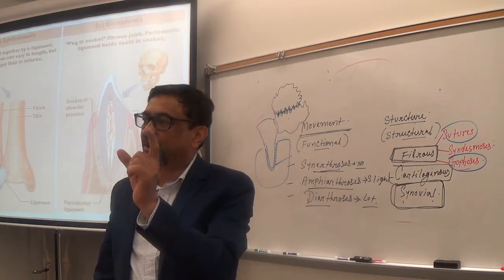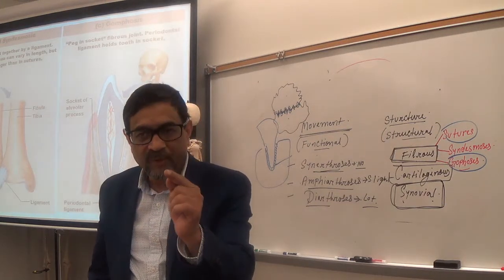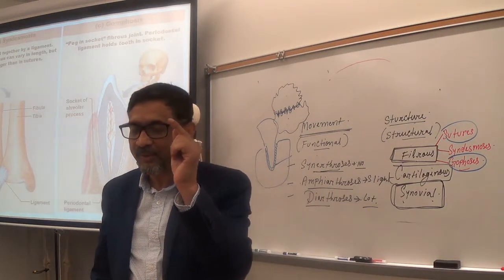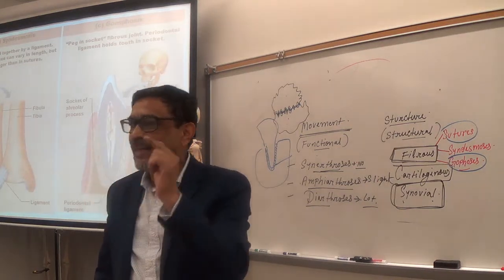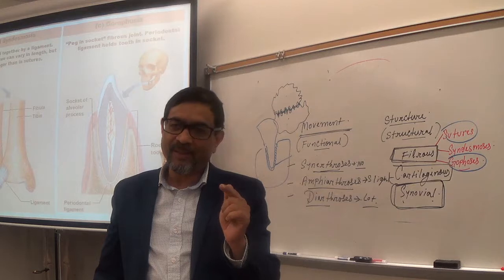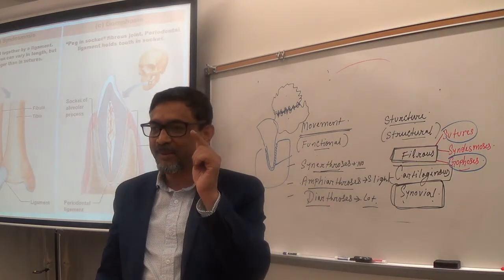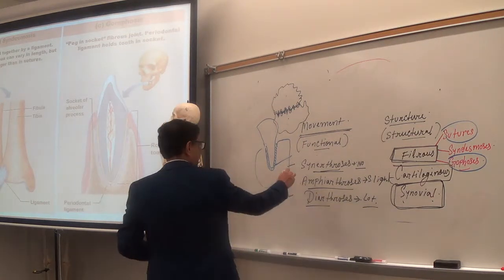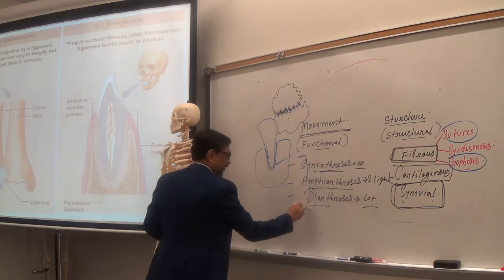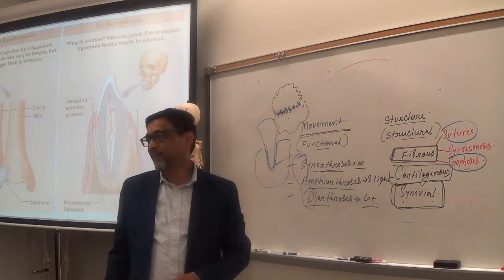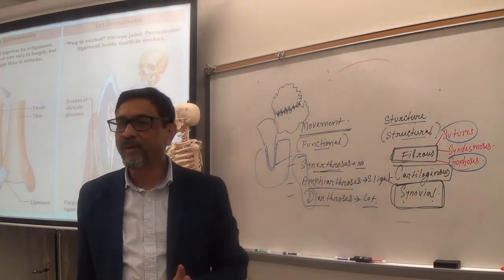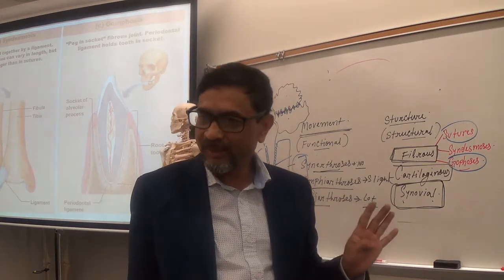Functional includes synarthrosis, amphiarthrosis, and diarthrosis. Make sense? SAD, SAD, remember, okay? So synarthrosis, amphiarthrosis, diarthrosis. No movement, slight movement, plenty of movement. Clear? Okay.